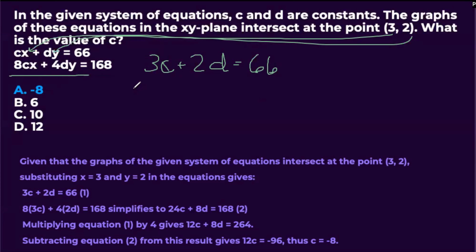And what you're also going to do is plug in 3 and 2 for that equation as well, because remember, they intersect at that point. So essentially, if we were to graph this in some way, they intersect or share that point, which is why we're plugging that in. So we're going to do the same for that second equation.